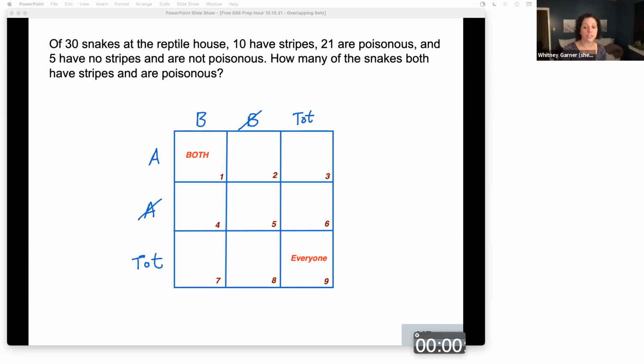All right, so where does 30 go this time? Well, let's organize first. What are we going to make quality A? Right? What are we going to make quality A? So Netta, you got in really quickly. Do you mind typing in the chat window? What do you want quality A to be? What did you draw up and down the left-hand side? What quality?